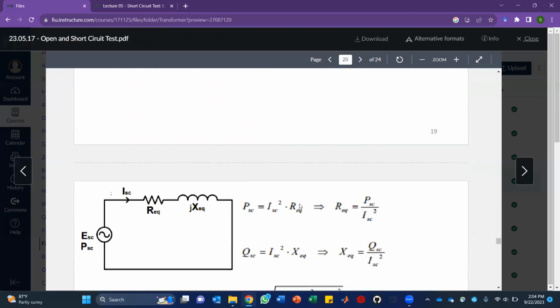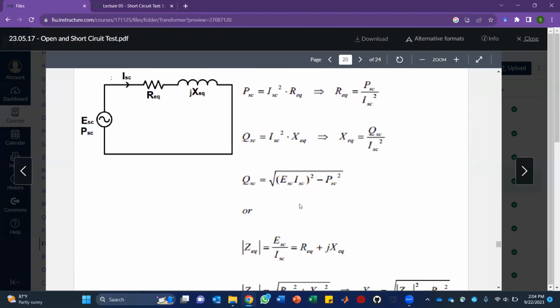After getting that, the equivalent circuit of a transformer for the short circuit test will look like this. There will be an equivalent resistance and an equivalent inductance. This reactance is definitely inductive, because we are talking about coil windings.